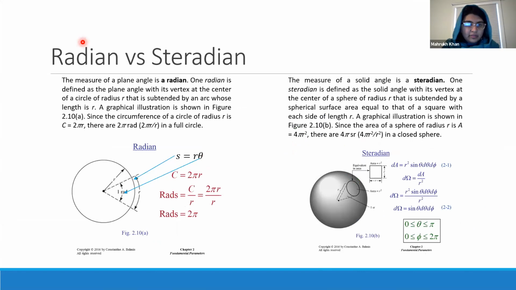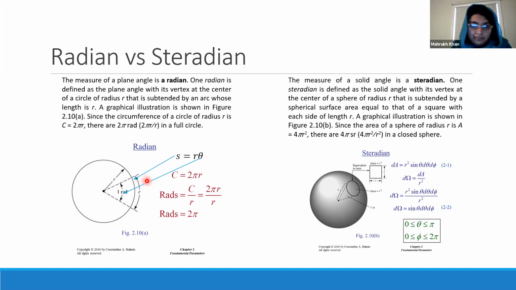Okay, so this is the fun part, actually, I think. Another thing I want to talk about is radian and steradian. So what is a radian? In one dimension, when you talk about radian, you say that it is the measure of a plane angle.